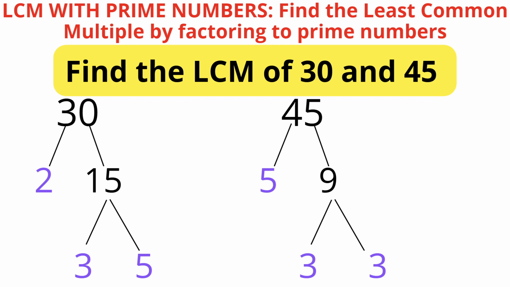But it's harder to think in mental math possibly what these larger numbers might be as the first multiple that 30 and 45 would come into. A factor tree helps us figure that out. Also, prime numbers helps us factor down the big number and figure that out.